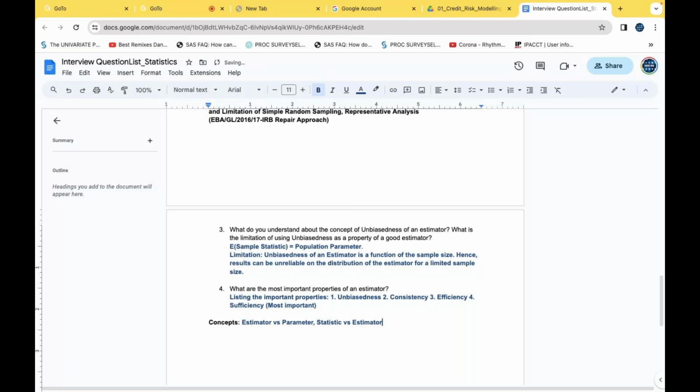Now this is a very tricky question. What is the difference between a statistic versus an estimator? Can anyone tell me what is the difference between a sampling statistic versus an estimator?